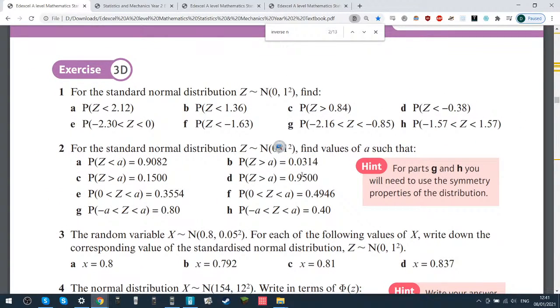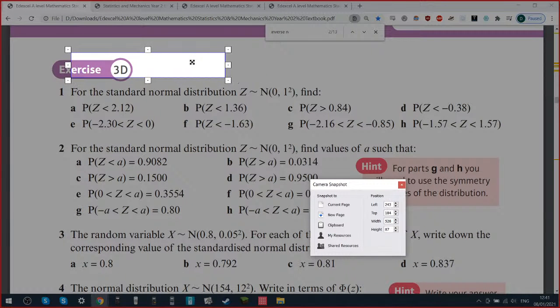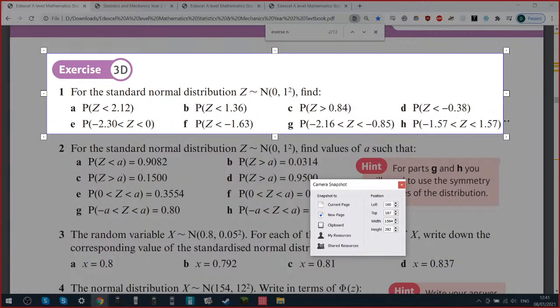Let's see, what is 1a? How'd you do that? What would you put into your calculator? Yeah, go on. What do you put into your calculator?